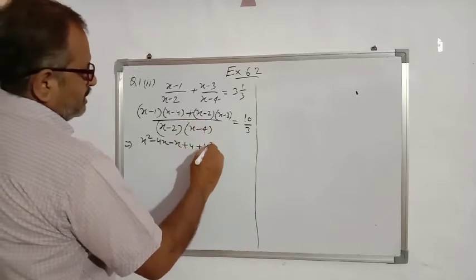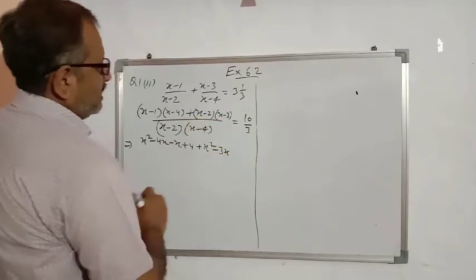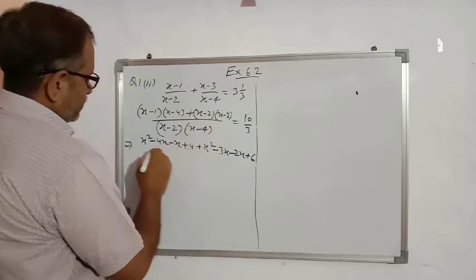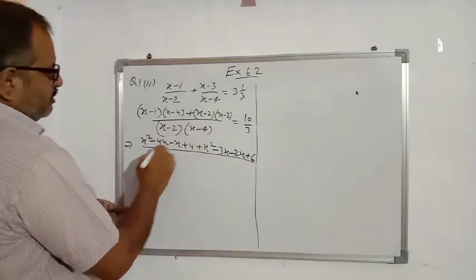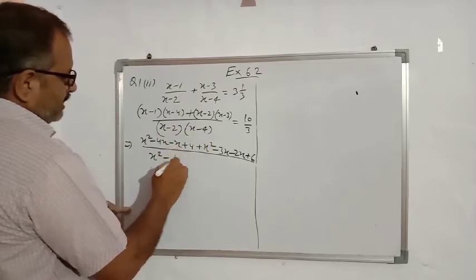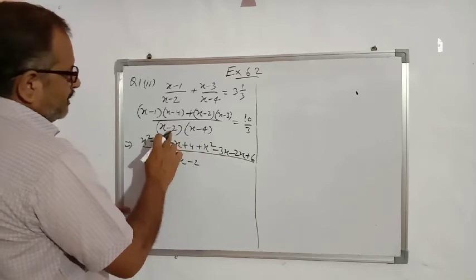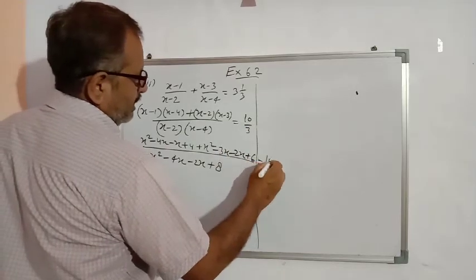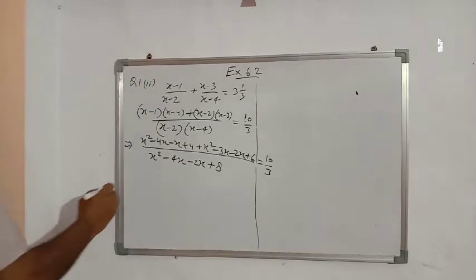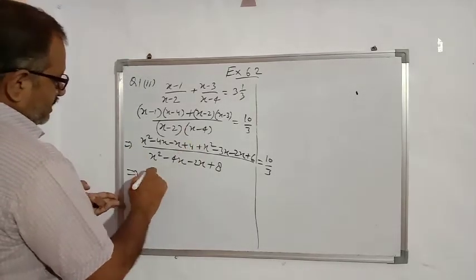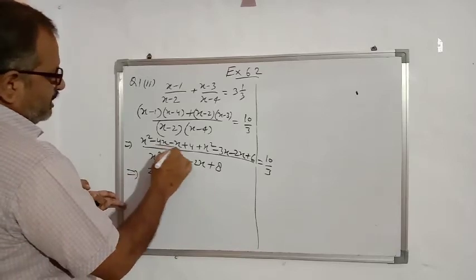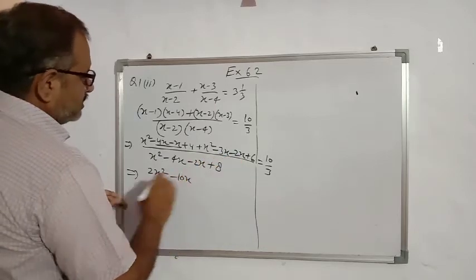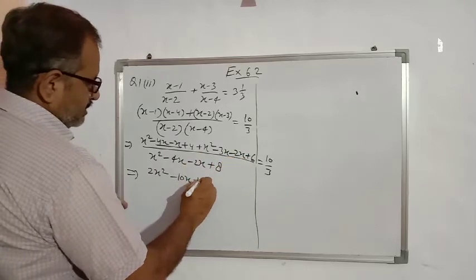Similarly, x into x square, x into minus 3 minus 3x, minus 2x, minus 2 into minus 3 plus 6, whole upon x into x square, x into minus 4 minus 4x, then minus 2 into x minus 2x, minus 2 into minus 4 plus 8, is equal to 10 by 3. x square plus x square will be 2x square minus 4x minus x minus 5x minus 3, minus 8 minus 2 minus 10x plus 4 plus 6 plus 10.